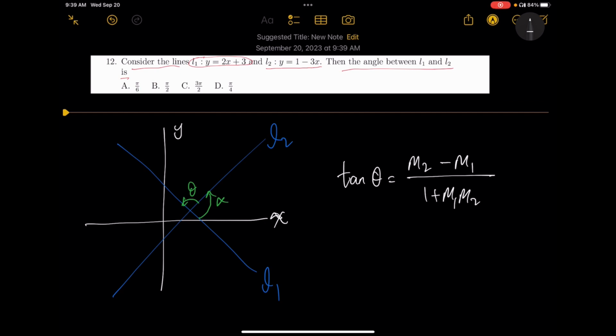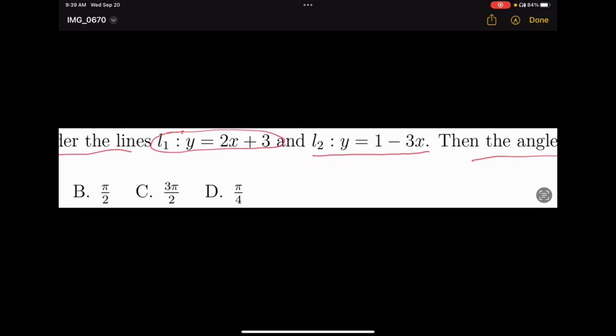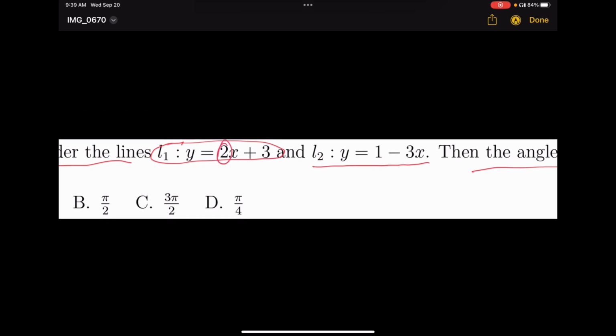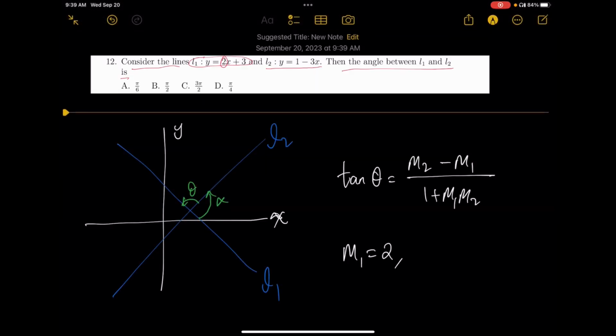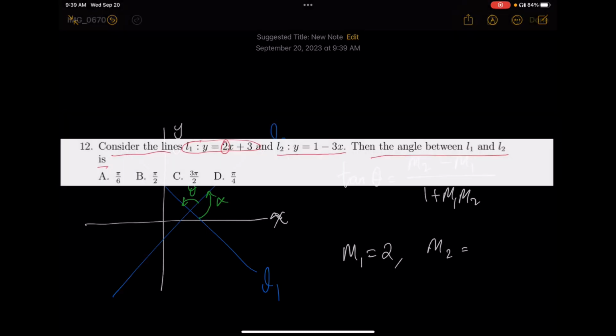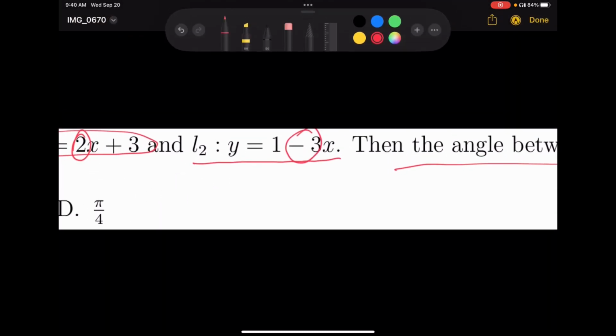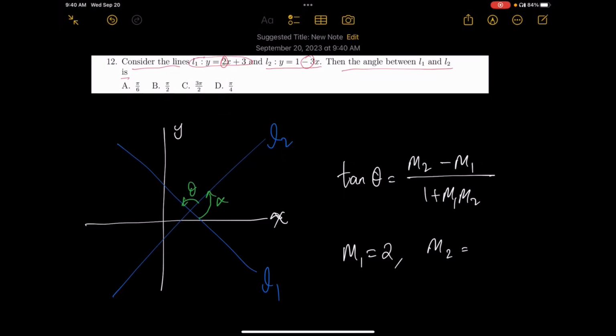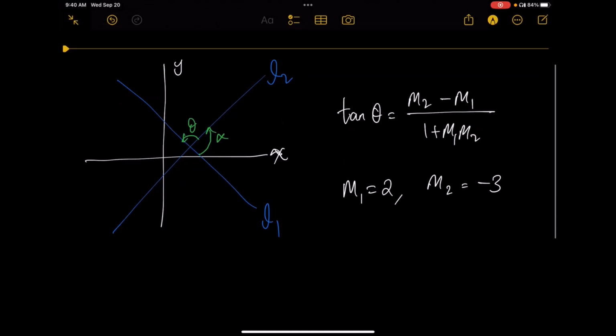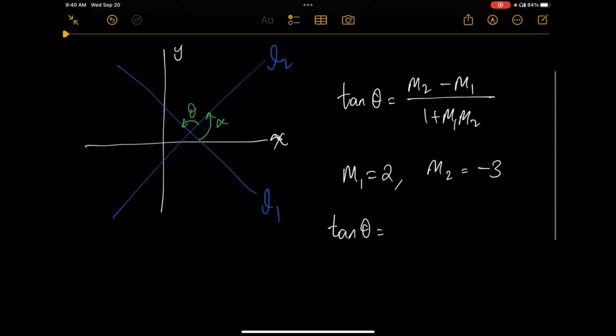ለዛ line 1 slope ስንት ነው? m1. What is the slope of line 1? The slope of line 1 it is 2, okay. ለምን እቺ ነች 2 ስላለች the slope of line 1 it is 2. How about the slope of line 2? The slope of line 2 it is negative 3, okay. Therefore we can calculate tan of the angle between the two lines. m2, what is m2?